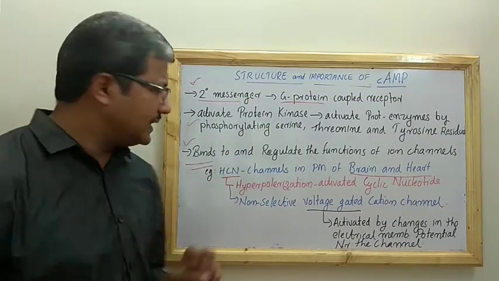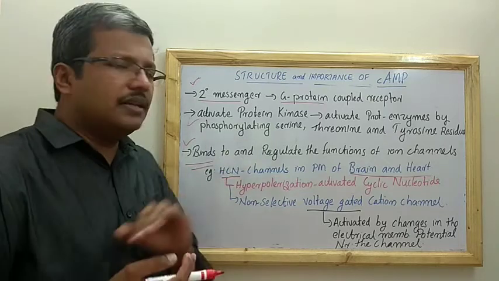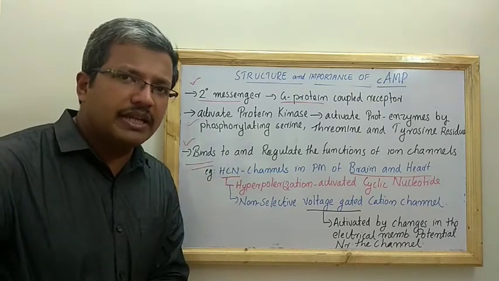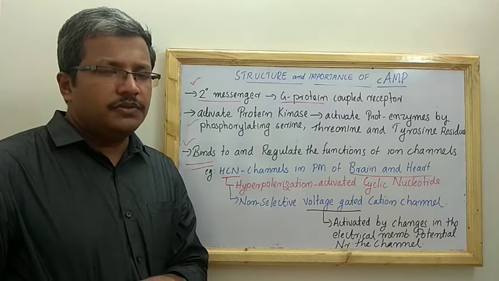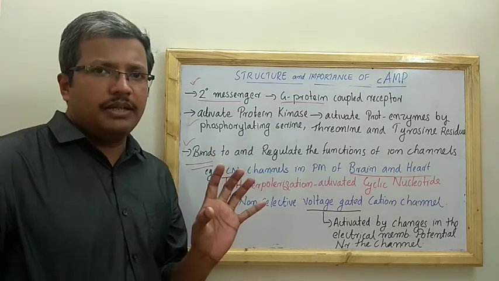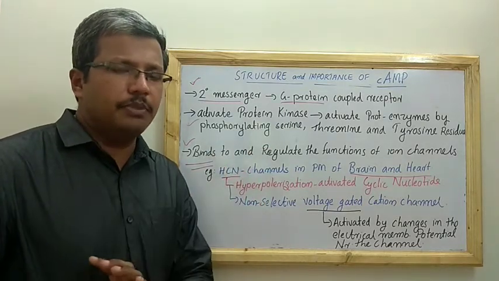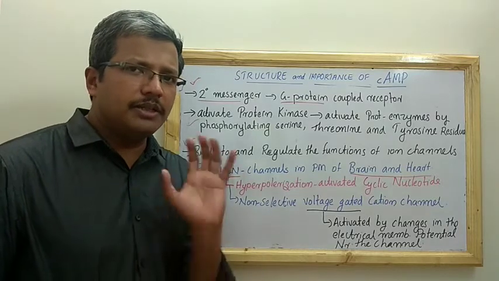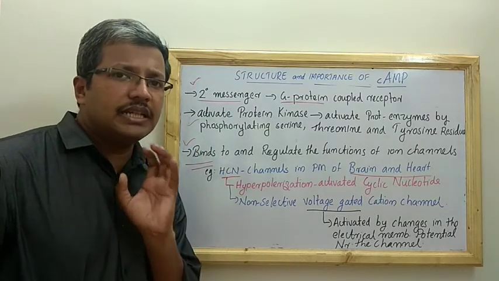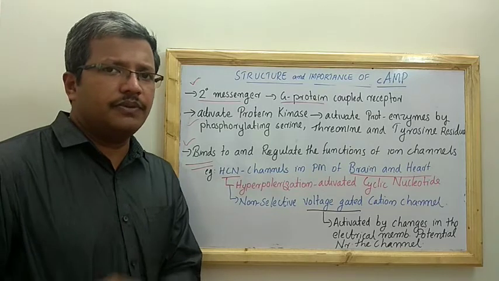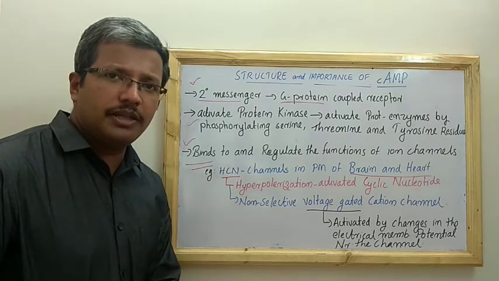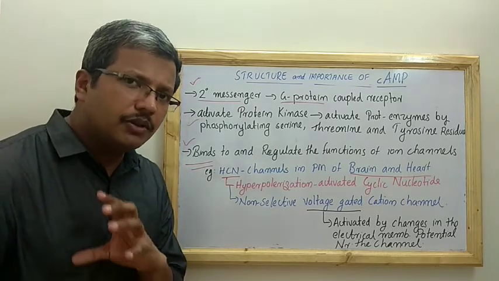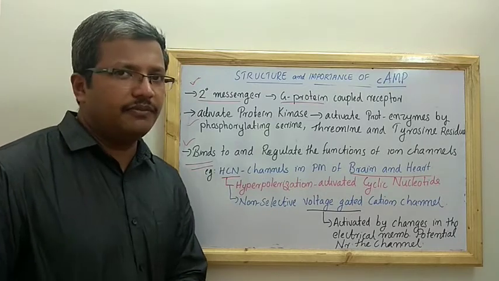We can see one example, that is nothing but the HCN channels in the plasma membrane of brain and heart. So this is regulated by binding of cyclic AMP. This channel's function is regulated by the binding of the cyclic AMP. So that is the third role, the third importance played by cyclic AMP in an organism's life.